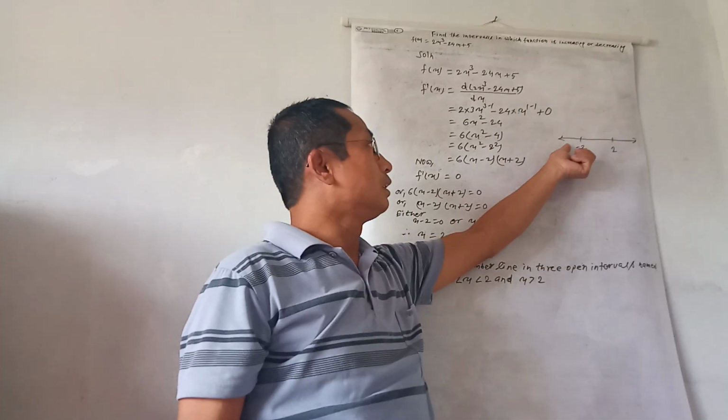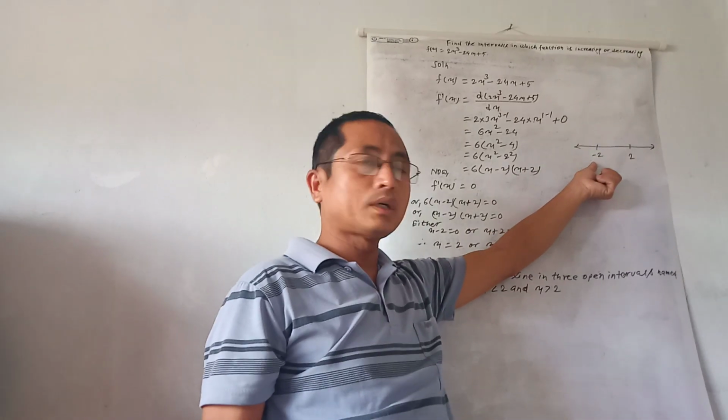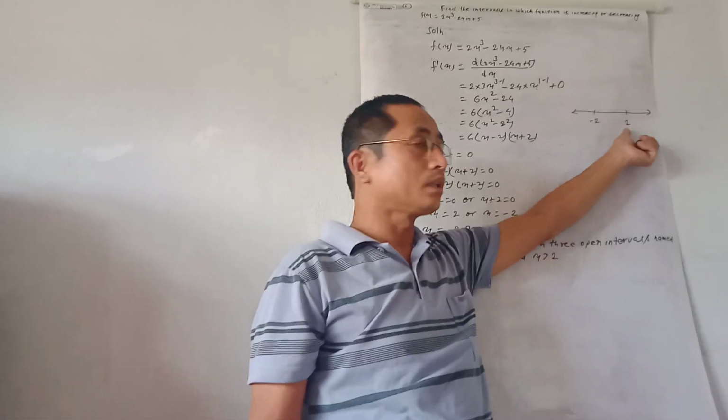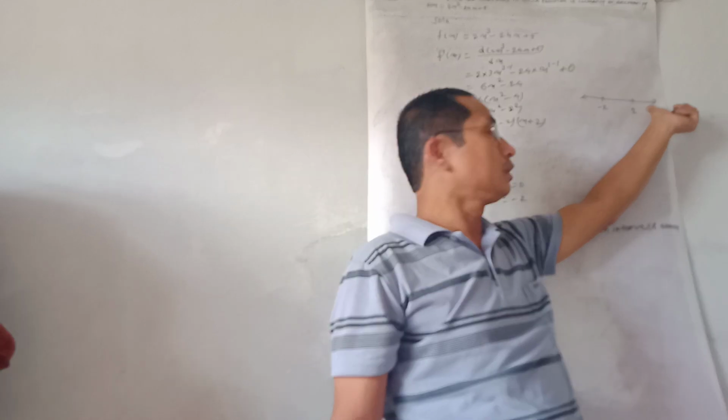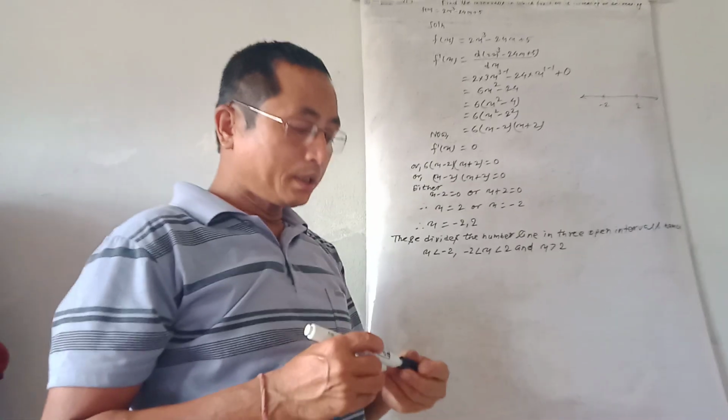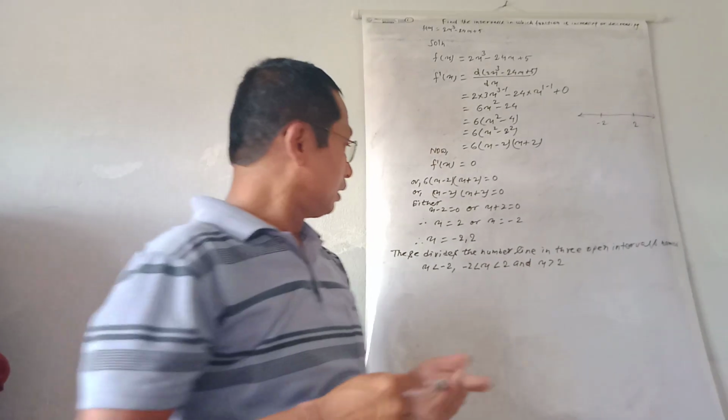I mean, this interval is x is smaller than minus 2, this is x is greater than minus 2 and smaller than 2, and this interval is x is greater than 2. These are called the 3 open intervals.